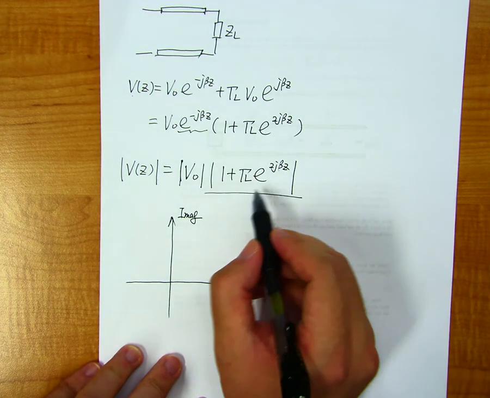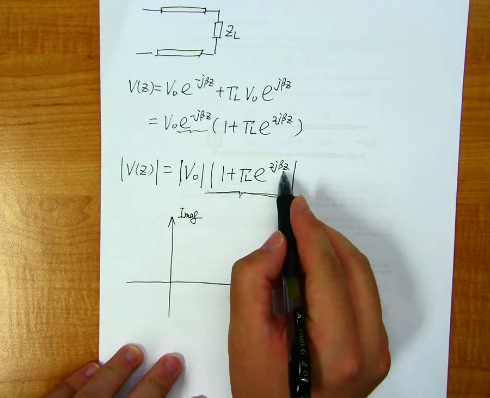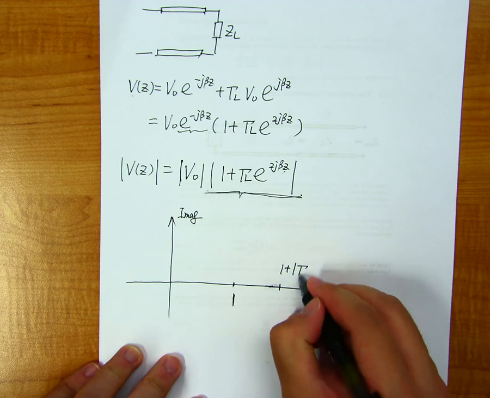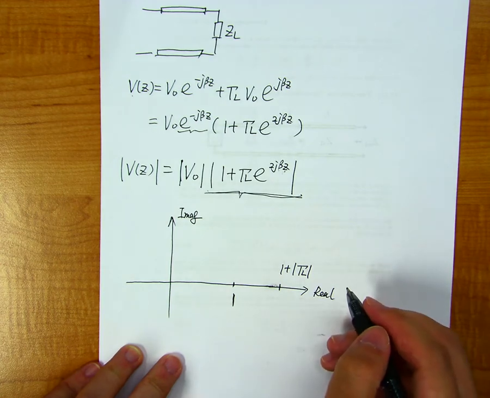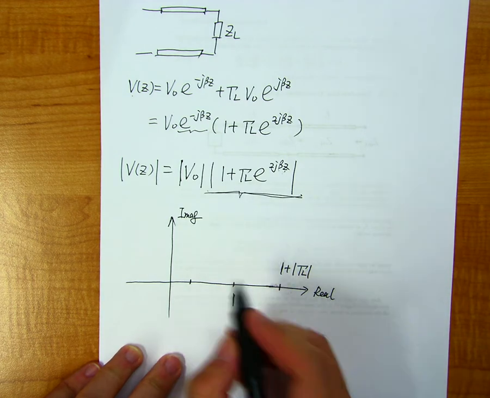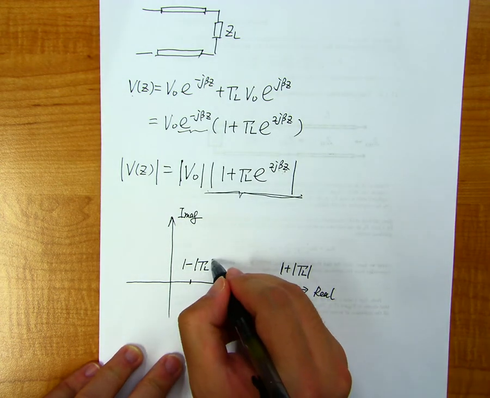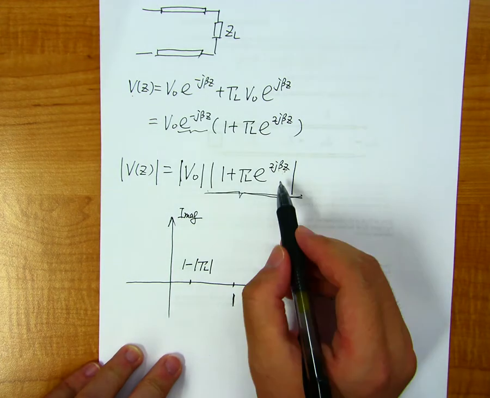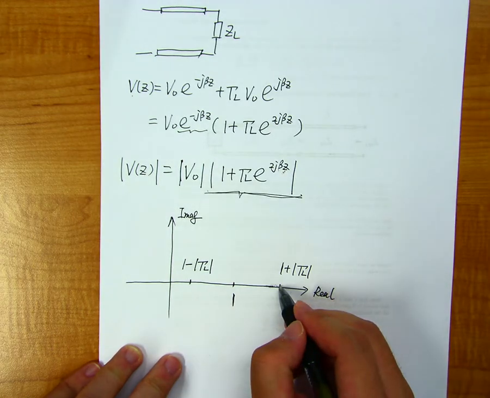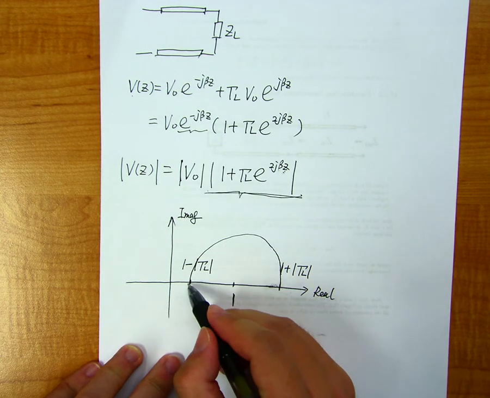The largest value of this term, the largest amplitude as you change the value of z, is 1 plus the amplitude of gamma L, right? And the smallest value of this term is 1 minus the amplitude of gamma L, right? So as you increase the value of z, you probably start here, then go to here, then go to here.